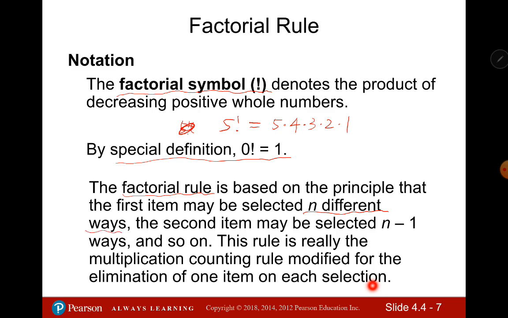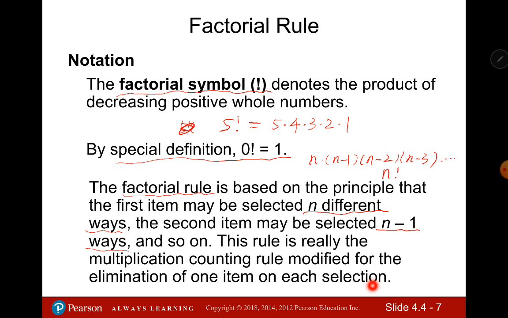But for the second item or second event, we only have n minus 1 different ways, and so on. So if the first one is n, then the second one will be n minus 1, then n minus 2, and so on, n minus 3. So we can treat it this way.